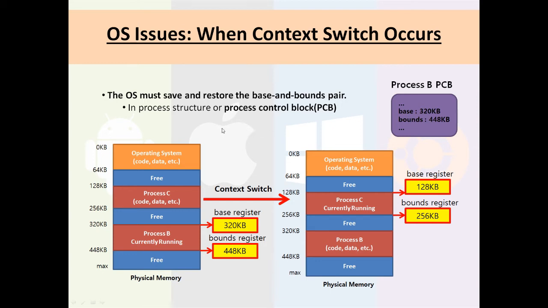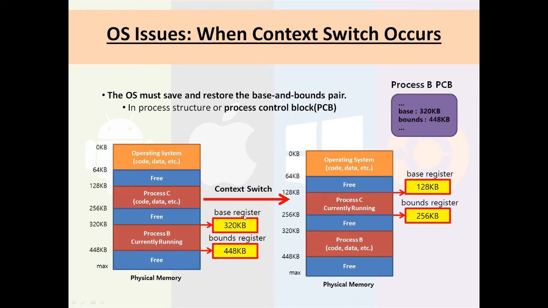And now the issue is when a context switch occurs. Here I spoke about already that the PCB is going to come into play. The operating system must save and restore the base and bounds pair in the PCB of that particular process. So here we hypothetically have some physical memory where process B is running on the CPU.